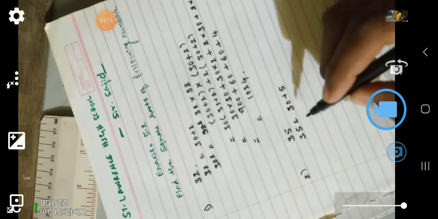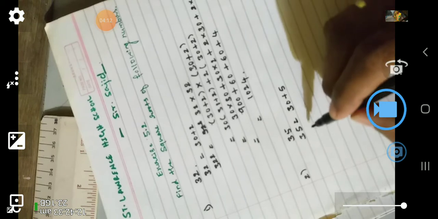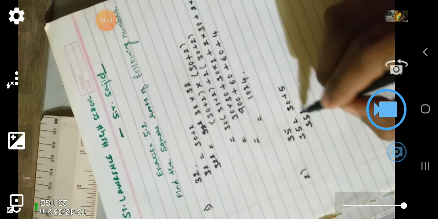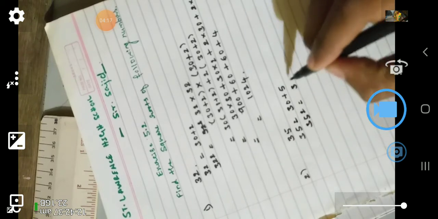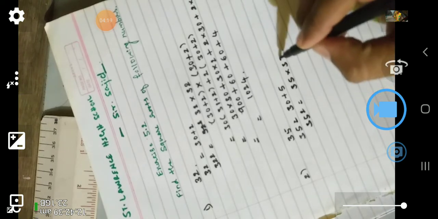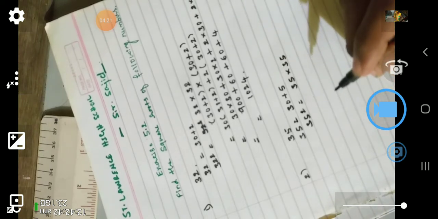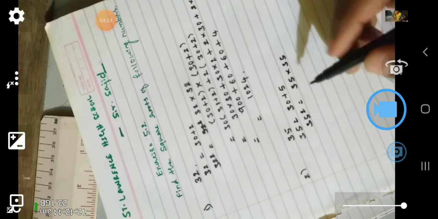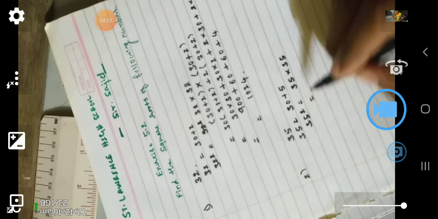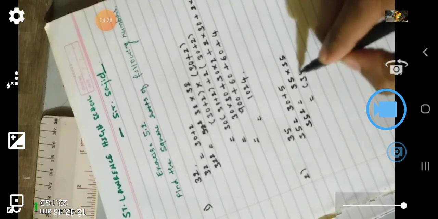So 35 whole square is how much? 35 whole square is nothing but 35 into 35. Now the same thing we are going to do. Instead of 35, we can write 30 plus 5.